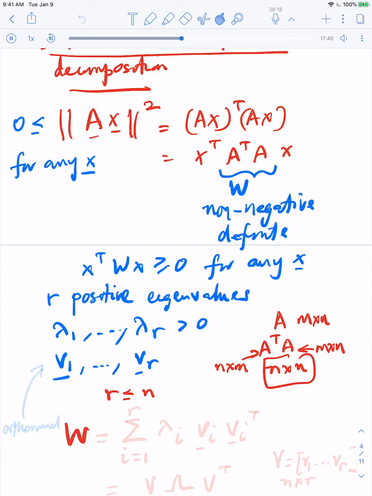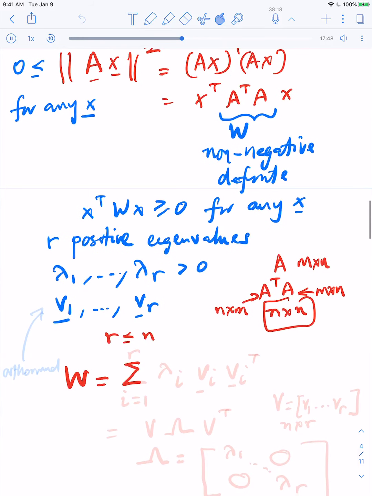So what I have is the spectral decomposition of W like we had before.